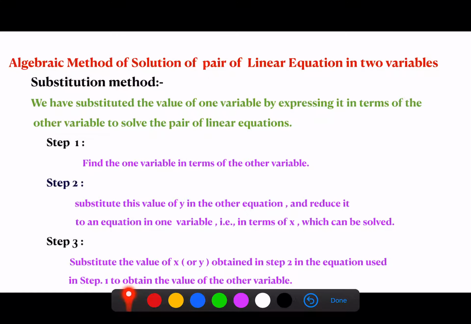Now I'll solve it algebraically. In the algebraic method, I'll choose the substitution method. Now what is the method of substitution?